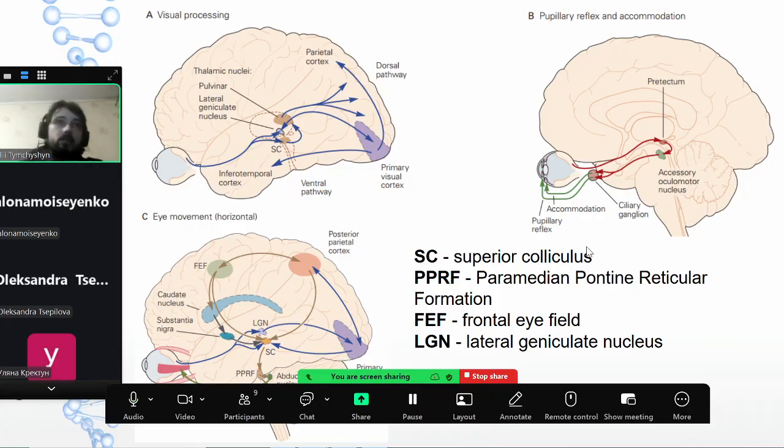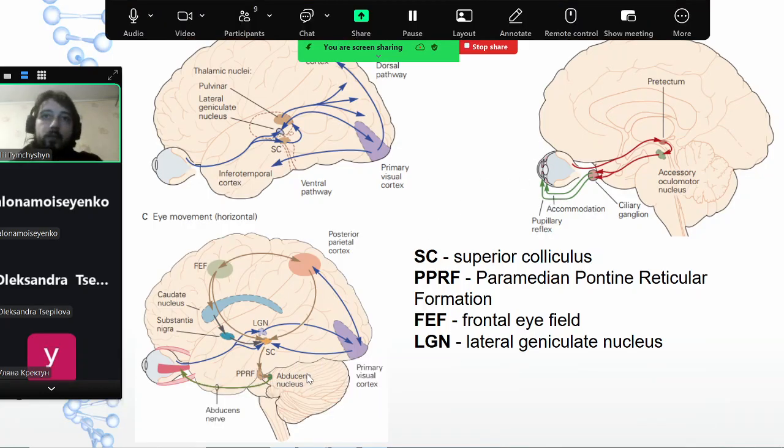Well, at least unless you shine a flashlight in the eye. Otherwise, I guess there's no way. Here you see that pathway: the signals go to the pretectum, then to the accessory oculomotor nucleus, then to the ciliary ganglion, and then they get to the pupil and perform contraction, for example.